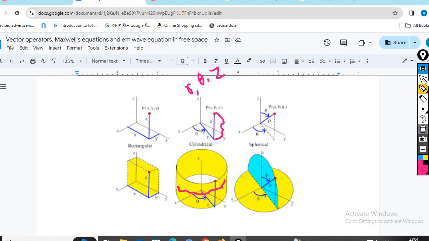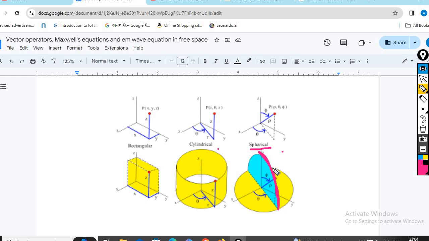Now comes the last one. In this case also r and theta play a very important role. You can think about the sphere. The r and theta values are the same. The only difference between the cylindrical and spherical coordinate systems is that in the cylindrical system the height is represented by a linear axis, whereas in the spherical coordinate system this height is changing along this curve.